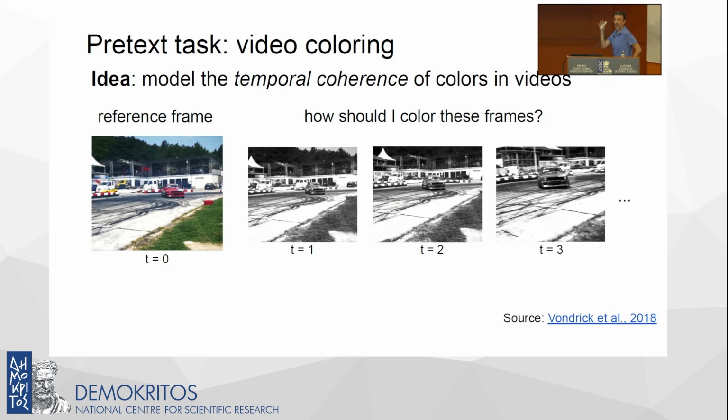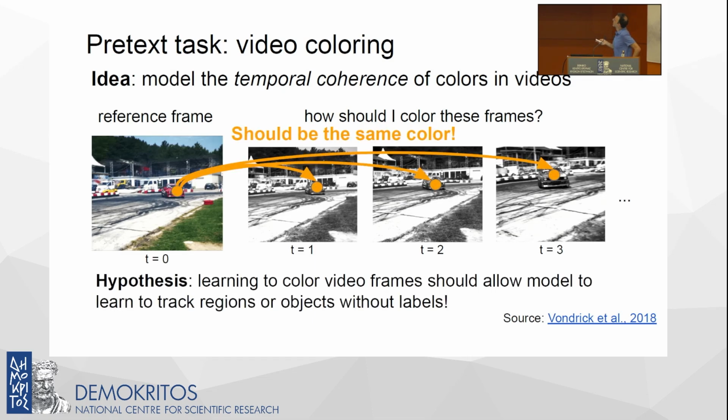Okay? And then you ask the network, okay, tell me what are the colors for all these frames. Okay? The emergent behavior that results from this pre-training is basically tracking. Okay? Because the most efficient way to learn to color in this case is basically by tracking the objects through the video.